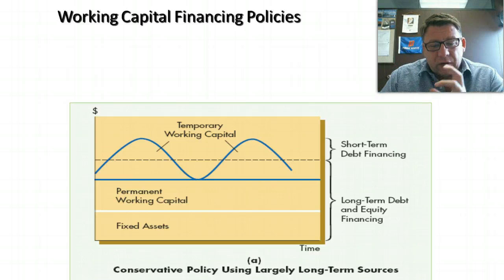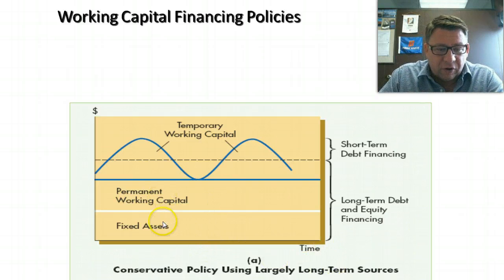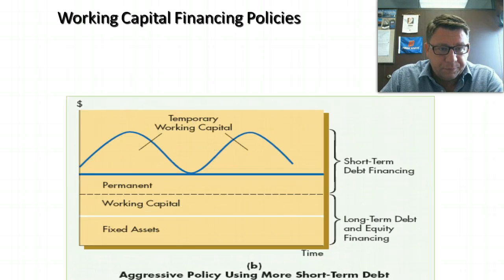You can see what a lot of companies do is a mix of these. So maybe a good part of our permanent working capital and fixed assets are supported by long-term financing, and perhaps seasonal or temporary working capital is supported with short-term financing.